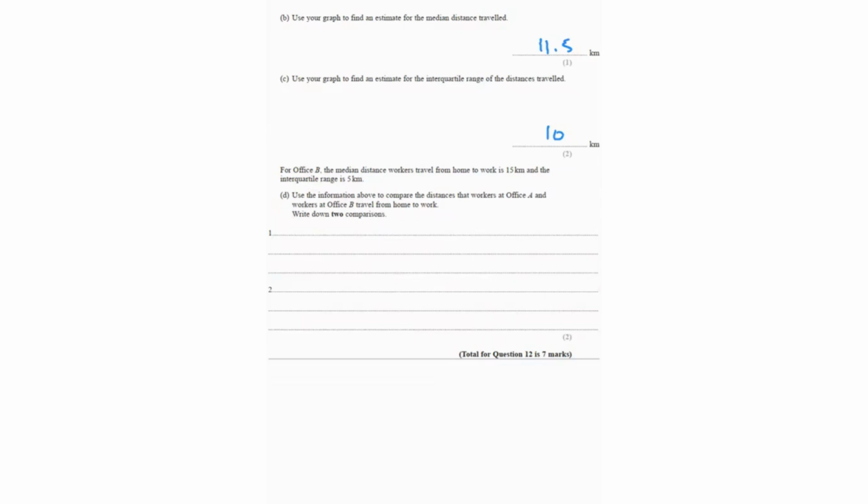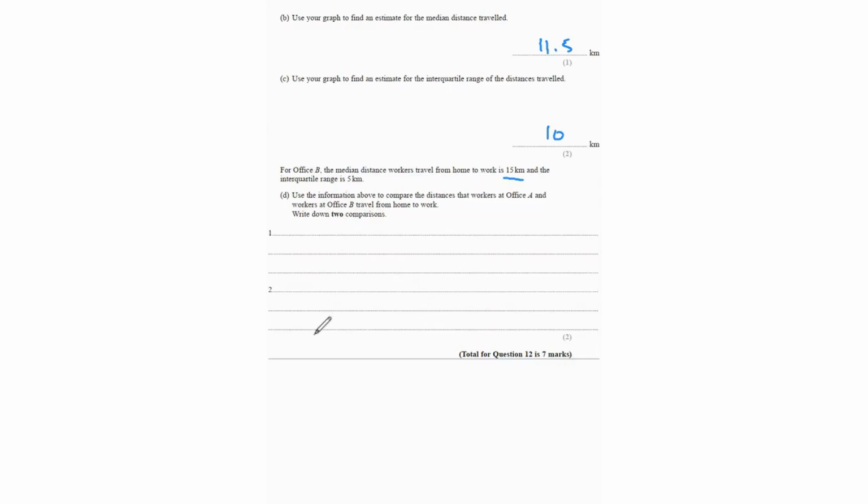So if something has a higher median value, that means that that person is doing that thing more frequently. So in this case, office B has a median distance of 15. Office A had a median distance of 11.5.